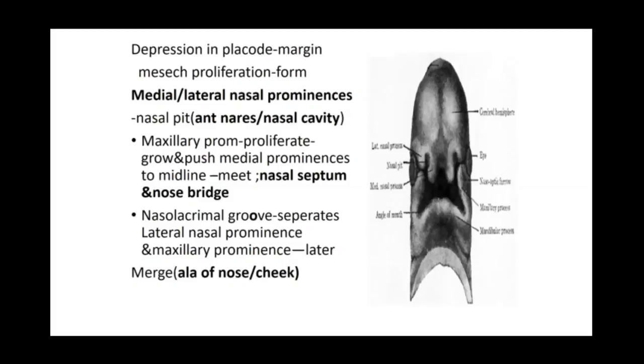The maxillary prominence proliferates from the side, it pushes the medial prominences to the midline to meet, and you get the dorsum plus the nasal septum. The nasolacrimal groove is going to separate the lateral nasal prominence and the maxillary prominence. Later they merge and the ala of the nose is formed and the cheek is formed.